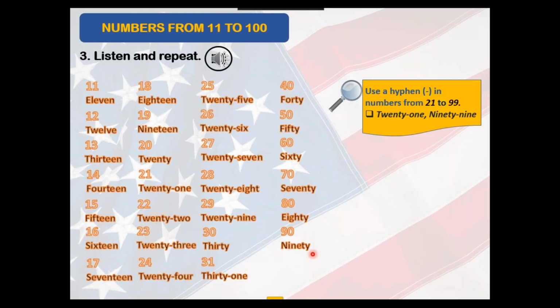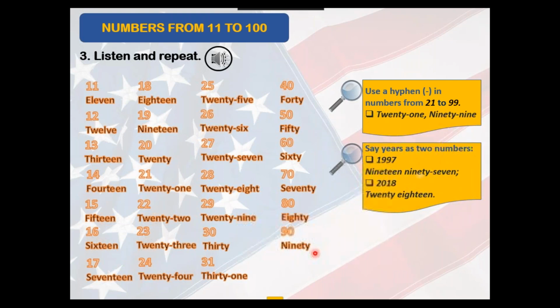Perfect. Now, in this case, we can use these numbers to say the years. Years means años, to say the years as two numbers. For example, 1997. We can say two by two, 19 and 97.